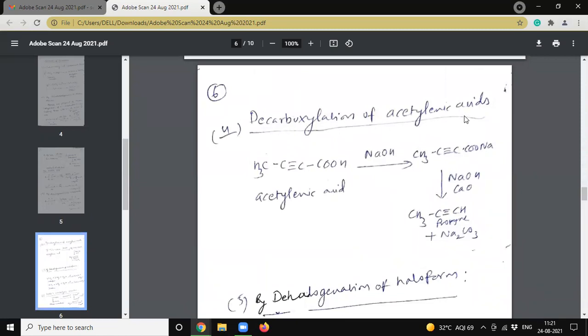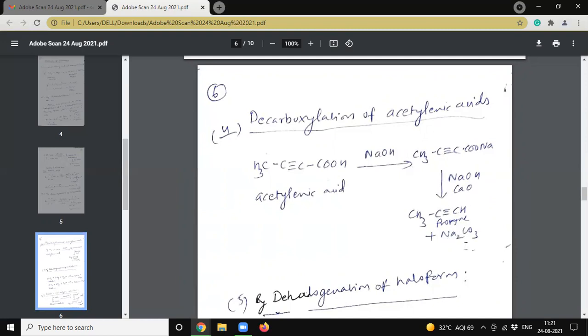Decarboxylation of acetylenic acids. Acetylenic acids, when decarboxylated in presence of sodium hydroxide, will give alkynes. This is a sodium salt, and then on further treatment, it will give alkynes.